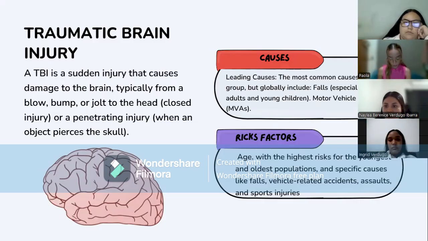The most common causes vary by age group, but globally include falls, especially in older adults and young children, and motor vehicle crashes. Risk factors: age, with the highest risk for the youngest and oldest population, and specific causes like falls, vehicle-related accidents, assaults, and sports injuries.